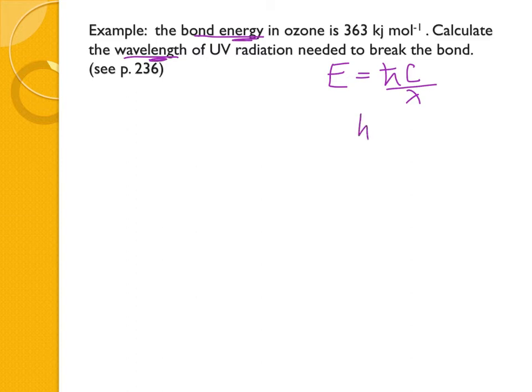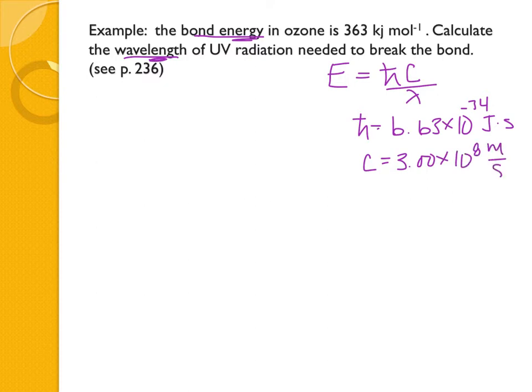Keep in mind that Planck's constant is 6.63 times 10 to the negative 34th joules times seconds, and the speed of light is 3 times 10 to the 8th meters per second. If we can find the energy, we can plug this in to get our wavelength.